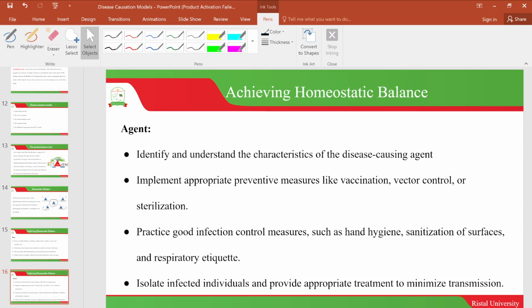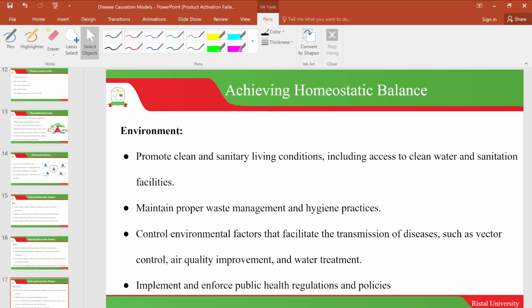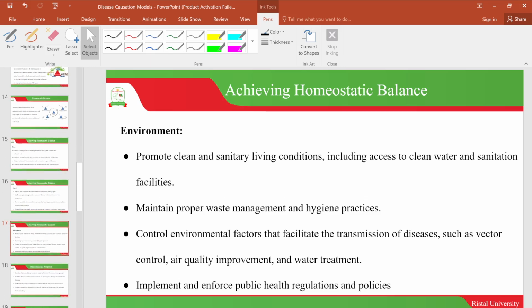All these are related to making sure that the agent is kept away. And then the same thing, the environment has to be clean, no stagnant water, no bushes around, removing all those environmental factors that can contribute to the breeding of these agents. Okay.